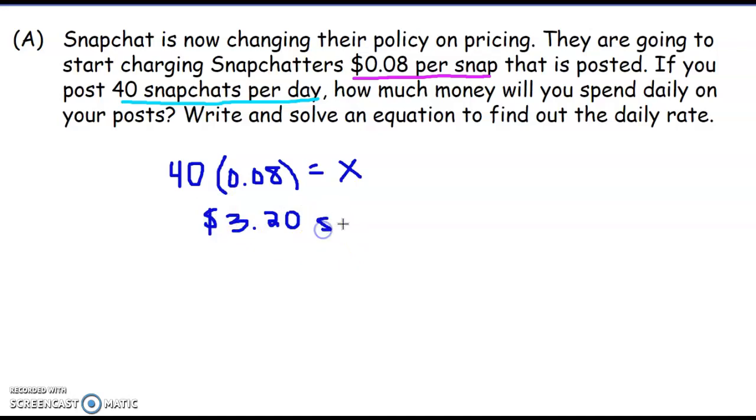So this would be Snapchat cost. So let me erase this, because I'm just going to make it a $ sign, and all I'm going to write after that is per day, because it's $3.20 per day. Now remember, when you have a word problem, you should definitely label your answer with correct units. So that would be $3.20 per day.